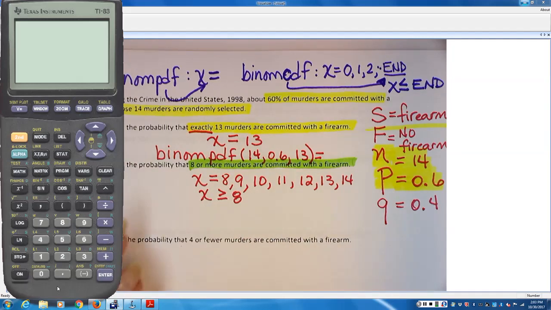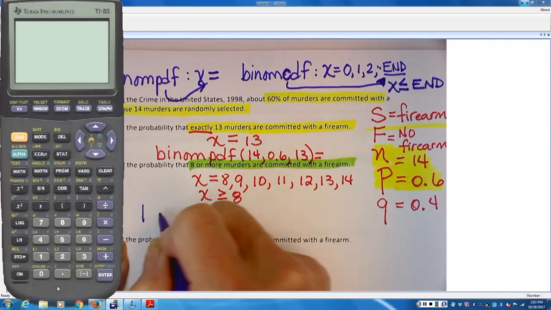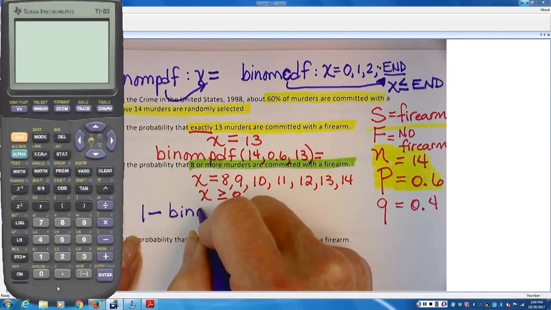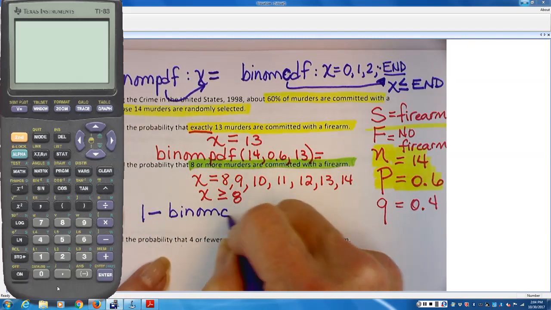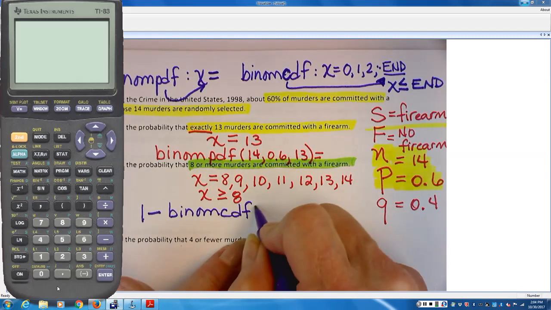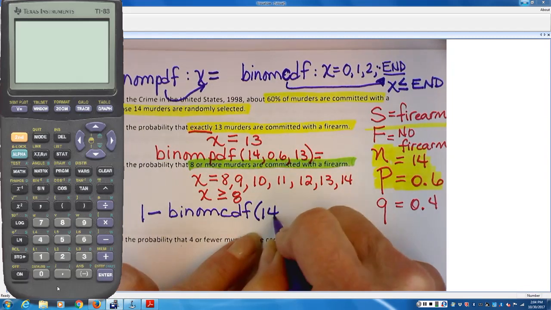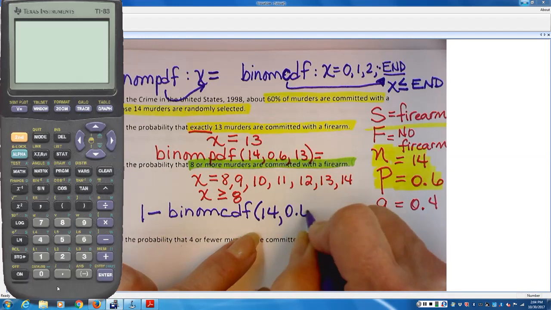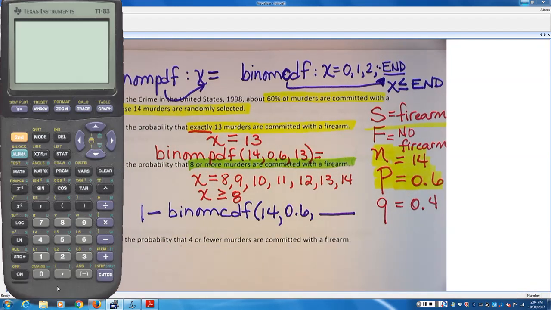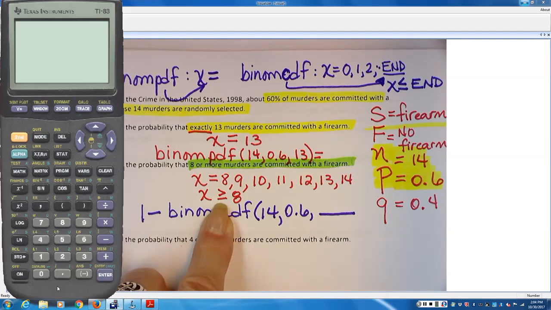So this is going to be 1 minus binomial CDF 14, 0.6, but what's the end? What's the last number I need to add up? That's the complement of this.